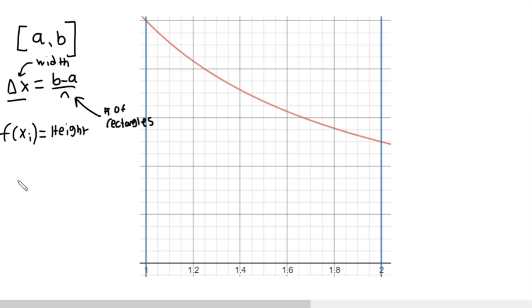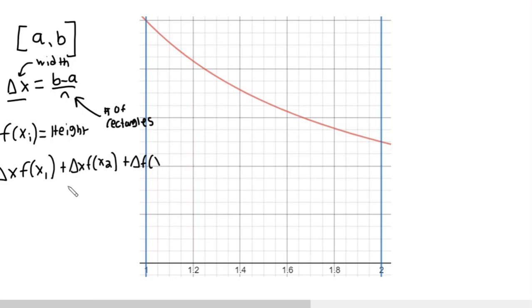So the general formula is that you simply do delta x times f of x1 for the first rectangle, plus delta x times f of x2 for the second rectangle, plus delta x times f of x3 for the third, and so on and so forth. But there's a more compact way to write this.